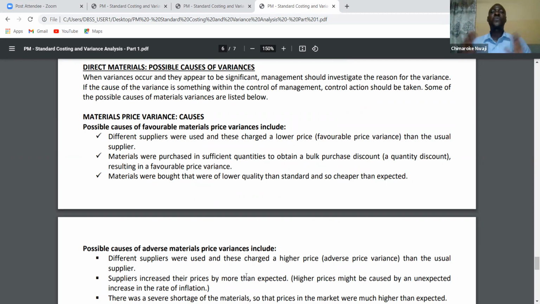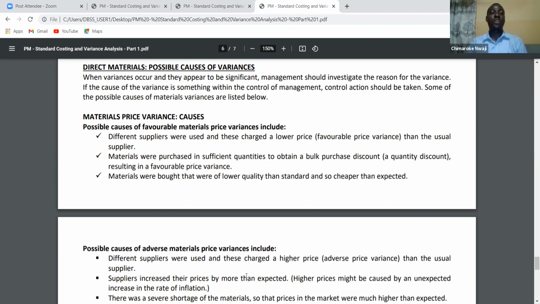Possible causes for favorable variance could be that suppliers that you used before, you change them. And so you now got a different supplier, and these suppliers now decide to charge you a lower price. Now that's good. You enjoy the favorable variance.